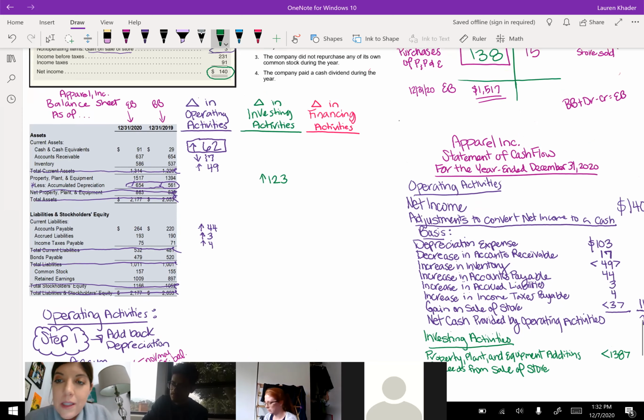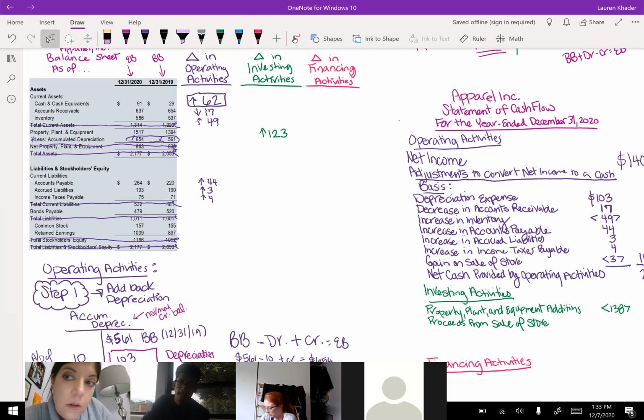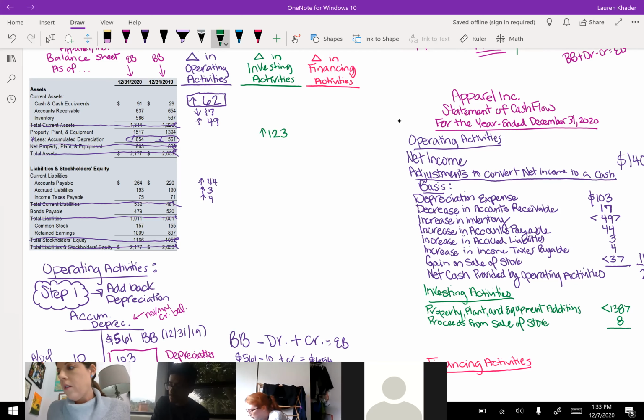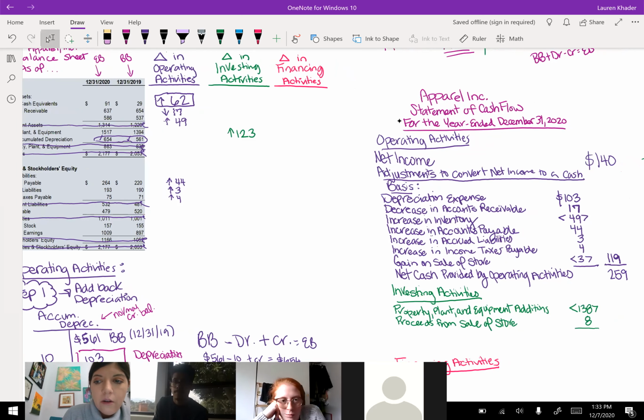And when we sell something, is that cash coming in or cash going out? Cash coming in. So it's going to be a positive $8 million. Single underline. And then we're going to put the net of this amount in the outer column, but there's not going to be any lines.